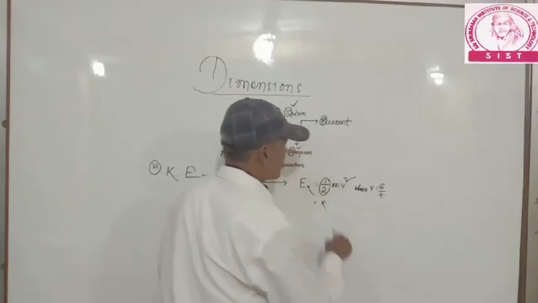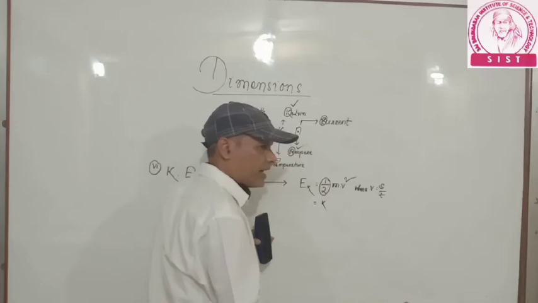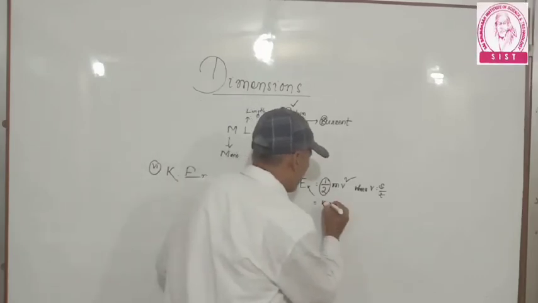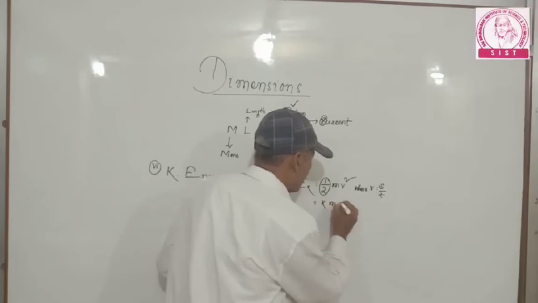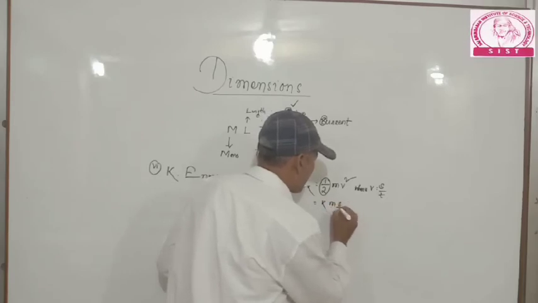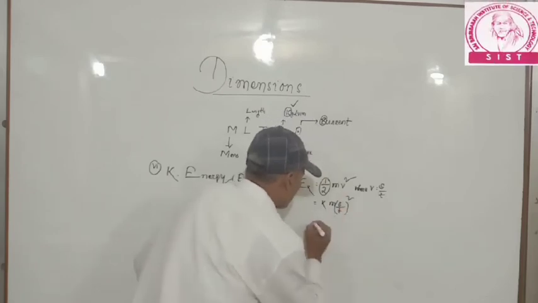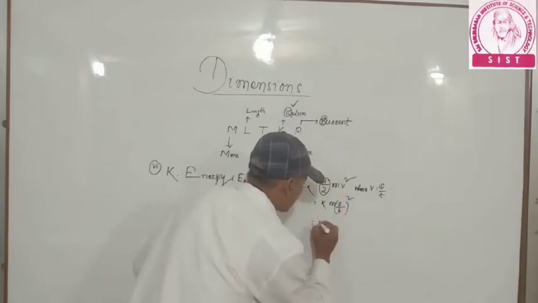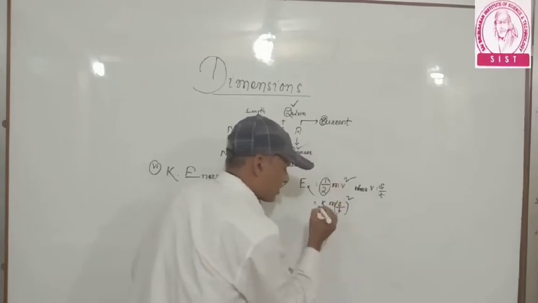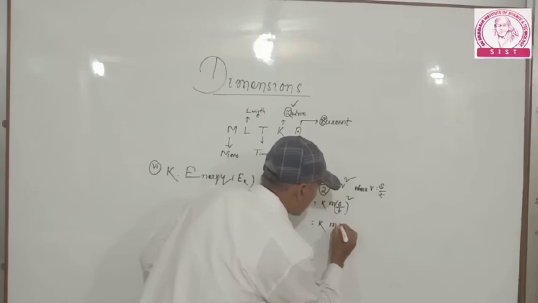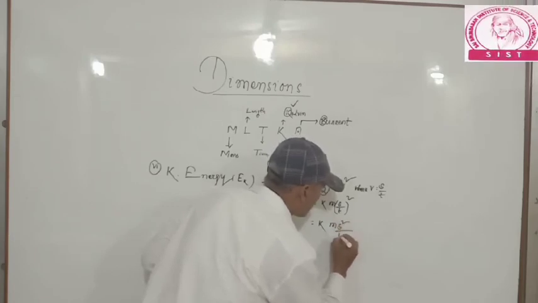K stands for half. Half is a constant. M, S by T, whole square. It is equal to K, where K stands for half, K is constant, M, S square by T square.